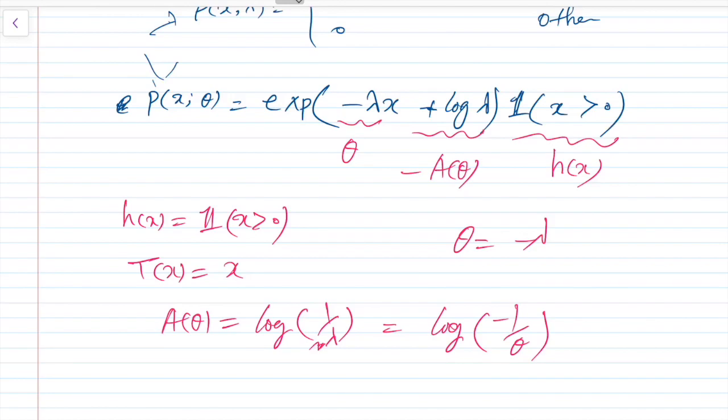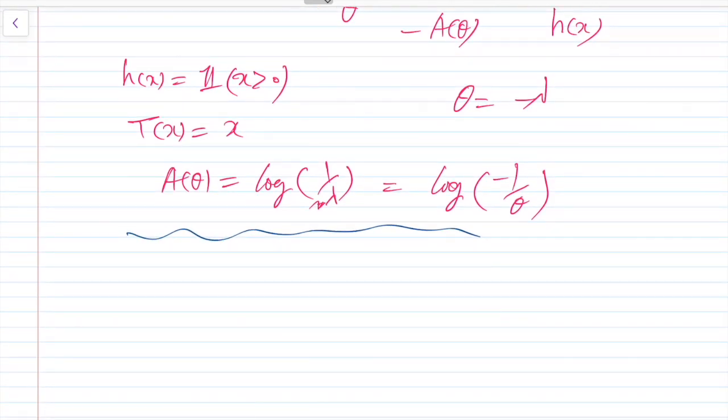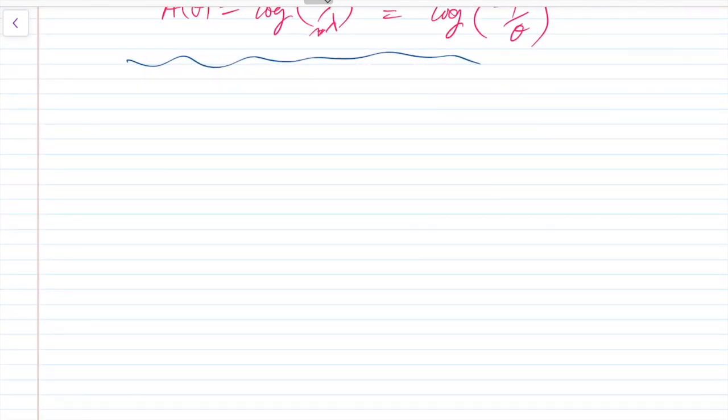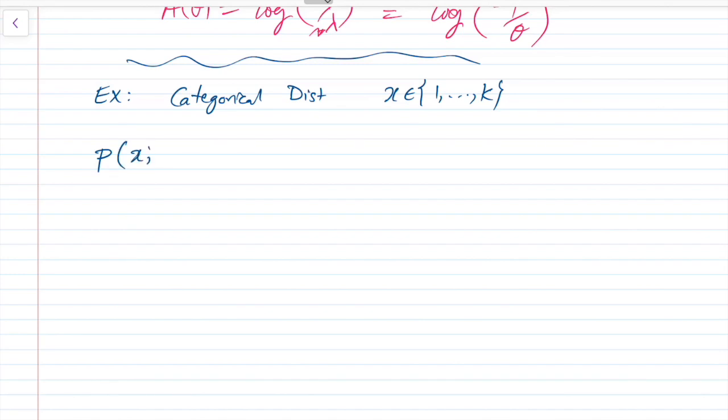Let's move on to another one that we're probably going to use more often in the class: the categorical distribution. Let's say that the categorical distribution takes k values, so x takes a value between 1 and k.